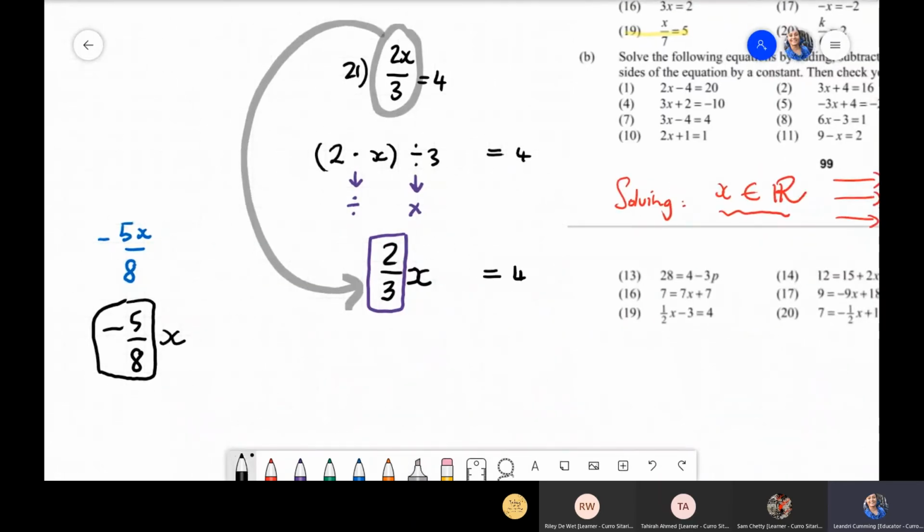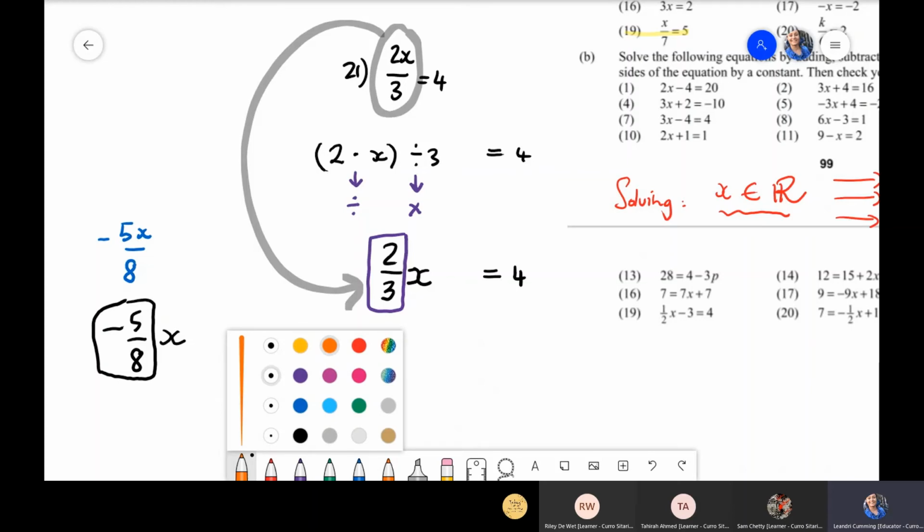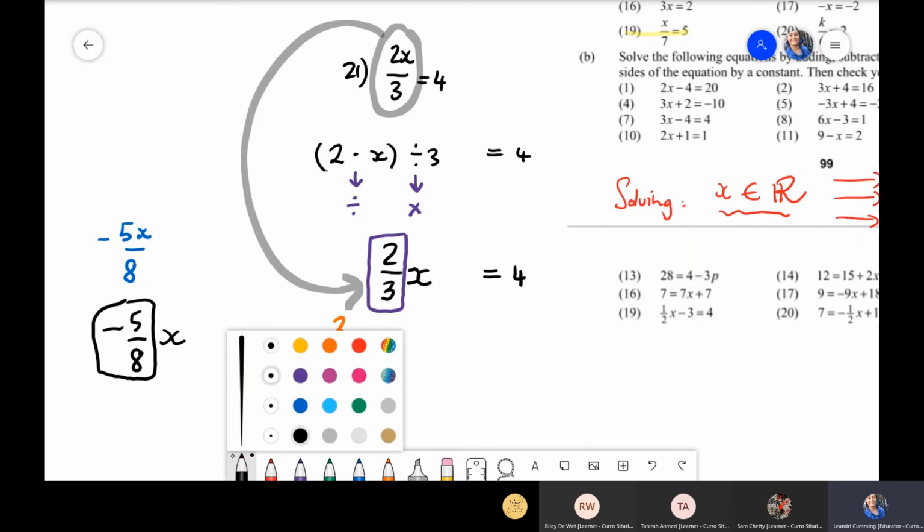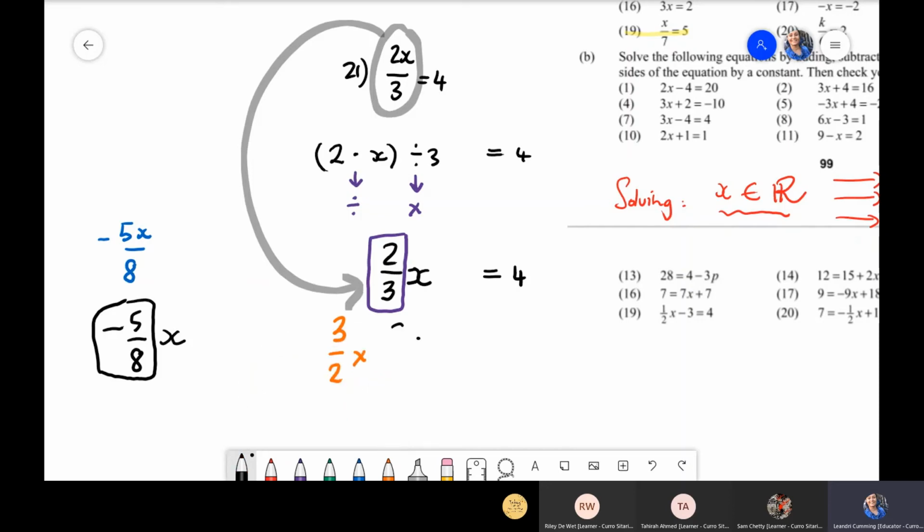Now that I have the coefficient clear, all I need to do is apply the inverse operation. And what it does is it eliminates my existing 2 over 3. And what I do to this side, I want to just put that 4 over 1, and I will do it to that side.